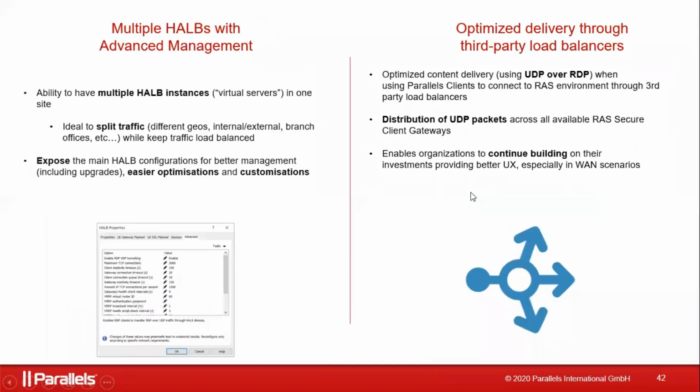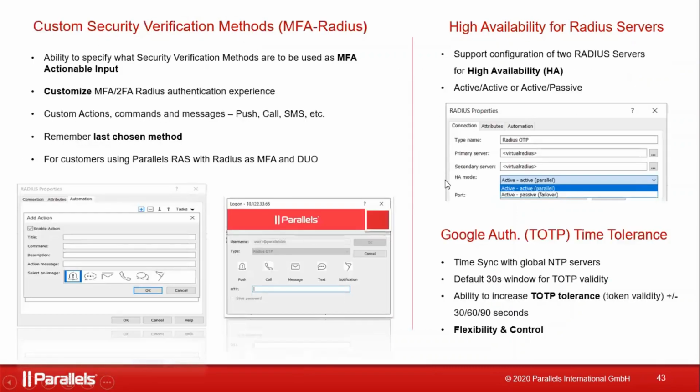We also support multiple HLBs with advanced management, and we have optimized delivery to third-party load balancers as well. Parallels is also integrated with the CAM server load balancer, so you can do load balancing across all the servers and also the gateway.